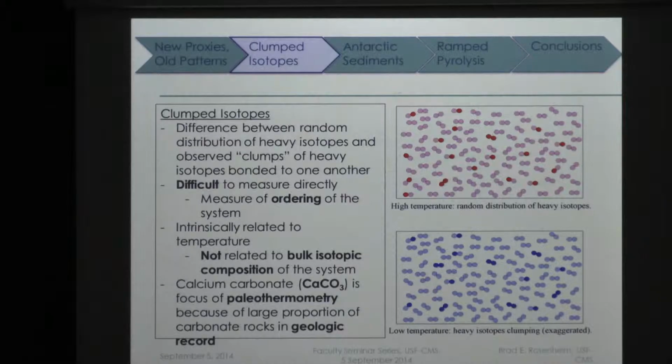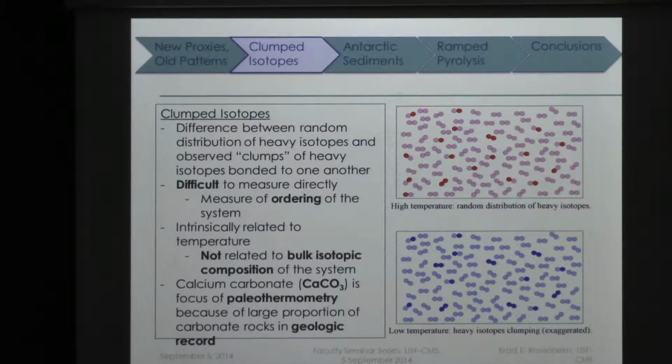Now, the problem has always been, since the 1940s when we've been measuring oxygen isotopes and getting an idea of what the bulk system is, usually these rare isotopes are less than about 1% of the entire pool of isotopes. So the probability of seeing two of those bonded together then would be less than 1/100%, right? So we're talking about measuring exceedingly small signals that are then very susceptible to contamination during the measurement process.